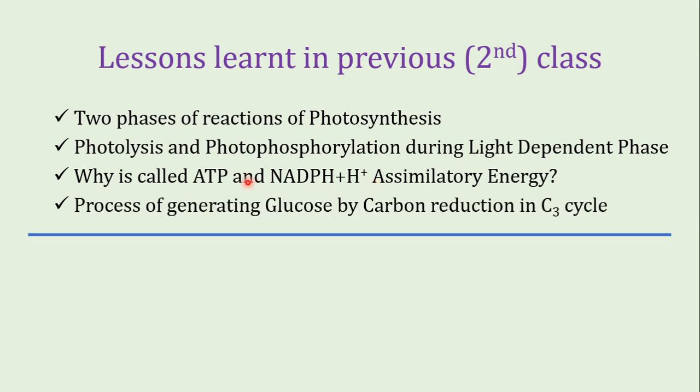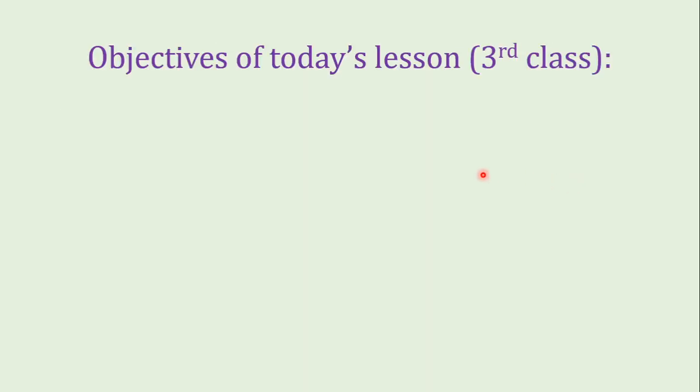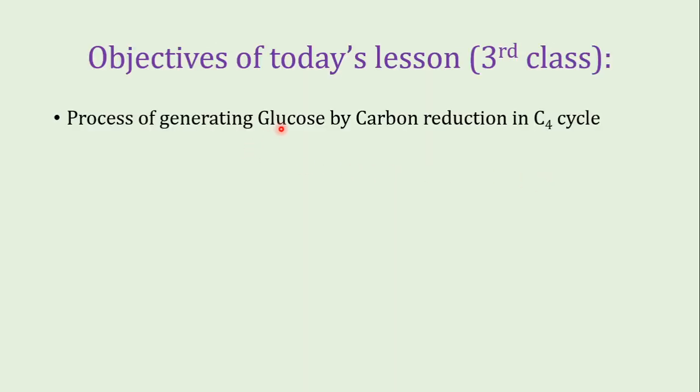We have also understood about the C3 cycle that takes place during the light independent phase for most plants. In the third class today, inshallah, we will learn about the C4 cycle that takes place during the light independent phase in some plants like maize, sugarcane, etc. Some plants like aloe vera and cactus follow the CAM cycle, or Crassulacean acid metabolism cycle, to produce glucose.